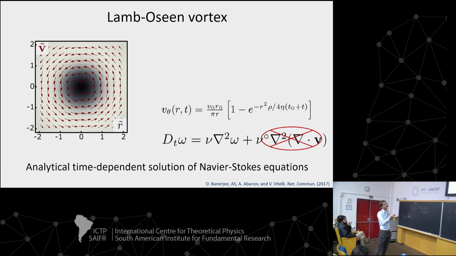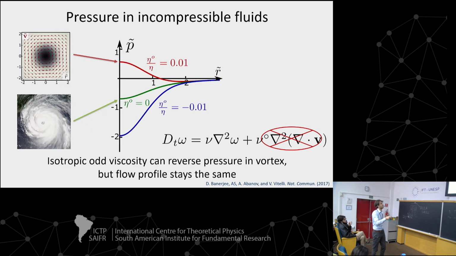So you can make a model for a vortex that solves the Navier-Stokes equations. And you can ask, how is that different if you include an odd viscosity term here? And in fact, it is different, right? So without odd viscosity, this is the pressure profile you would get.